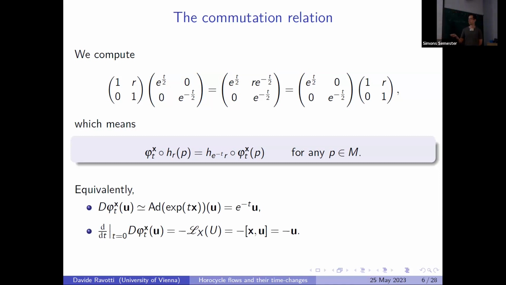Equivalently, the infinitesimal version: if I look at the Lie derivative, how the geodesic flow infinitesimally acts on the horocycle vector field, this is adding a minus component in its direction. So this equation is the differential version of this. From here to here you differentiate, and from here to here you integrate.